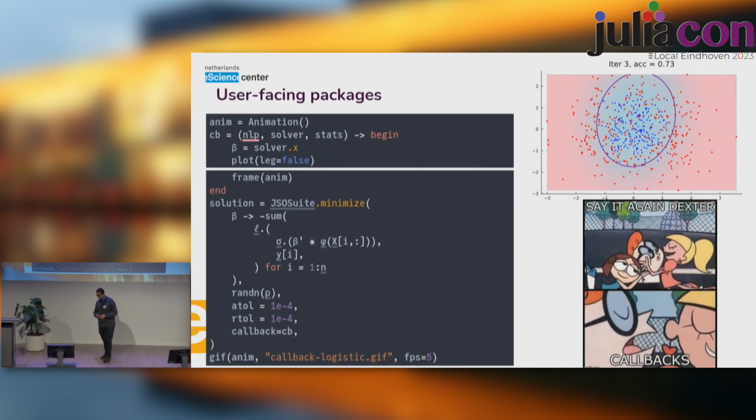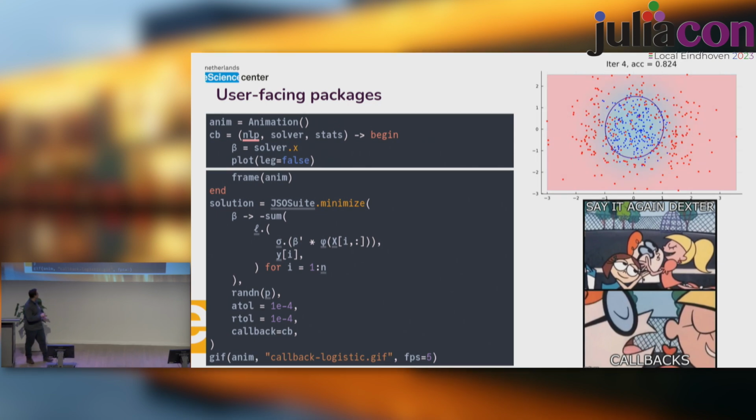And one cool thing that you can do with a lot of our solvers is callbacks. Everybody loves callbacks. This is a simple example. This is a callback function with a lot of plotting in between that I hid. And this is how you call the problem: just the function, starting point, some tolerances, and the callback, right?